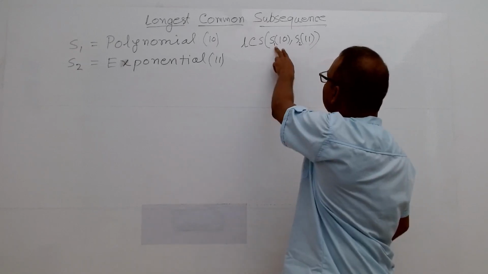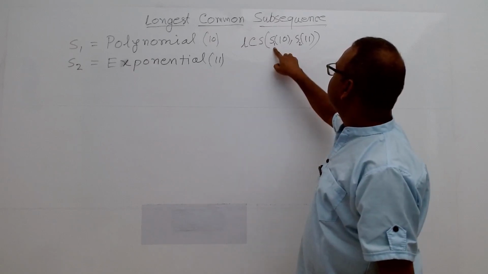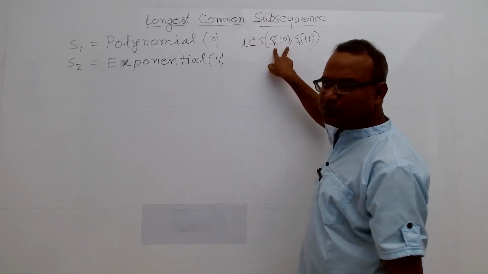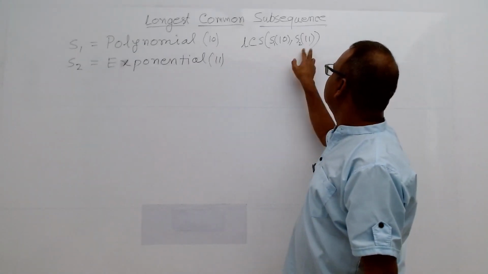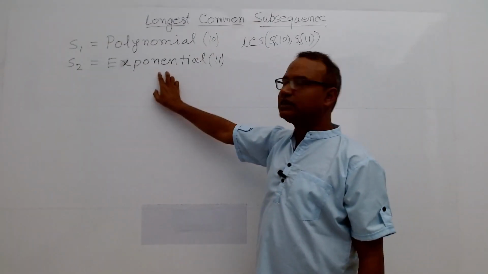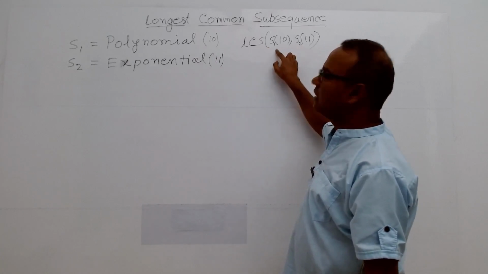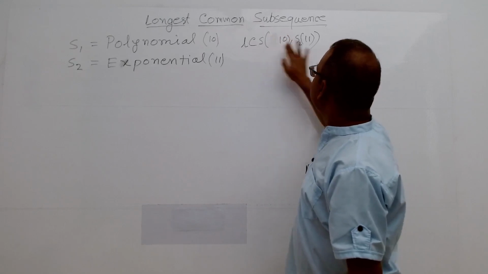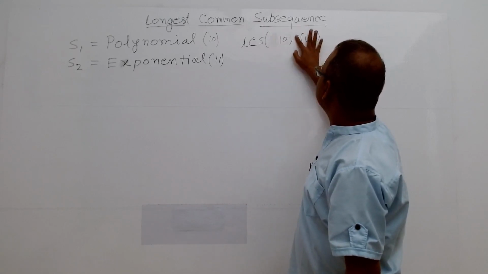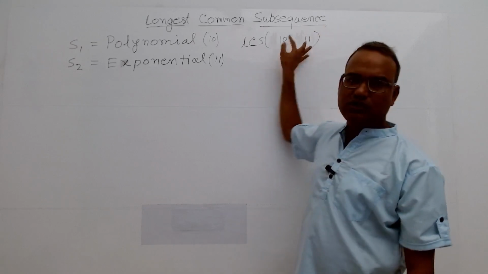Now we can simplify this. The first position stands for the first string and the second position for the second string, so writing S1, S2 inside is basically redundant. We can omit this and focus on the lengths.